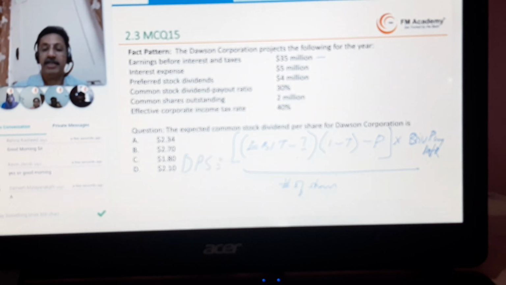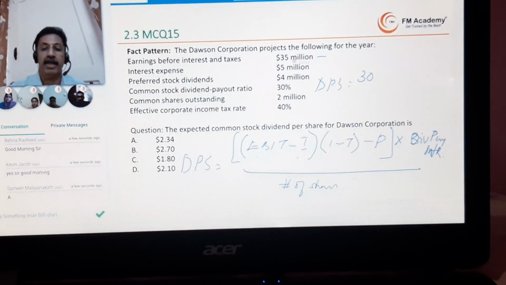So let's do that. 35 million minus 5 million is 30 million, the profit before tax, right? And 40% is the income tax rate.